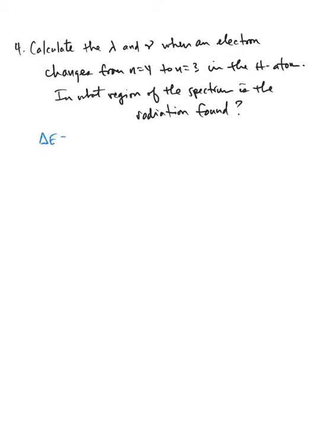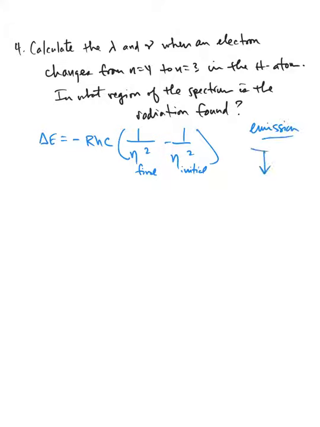So I have an equation in my book. Again, I don't know what your book says, but it says the difference in energy between 2 levels is equal to a bunch of constants times 1 over the final level squared minus 1 over the initial level squared. Okay, and so this is for an emission. So this is a downward arrow from the n equals 4 to the n equals 3.